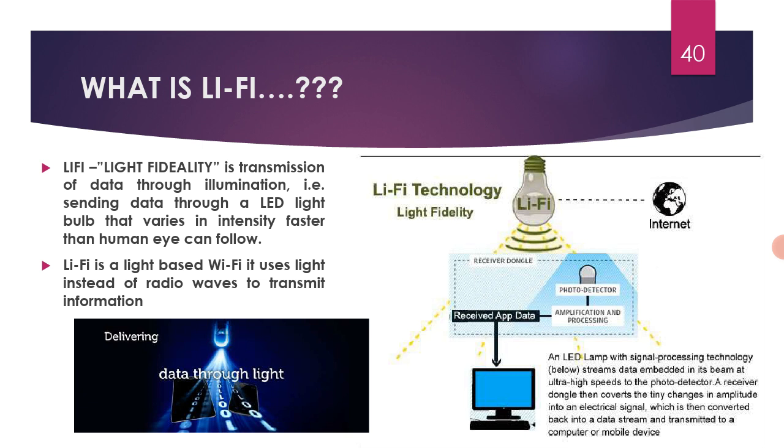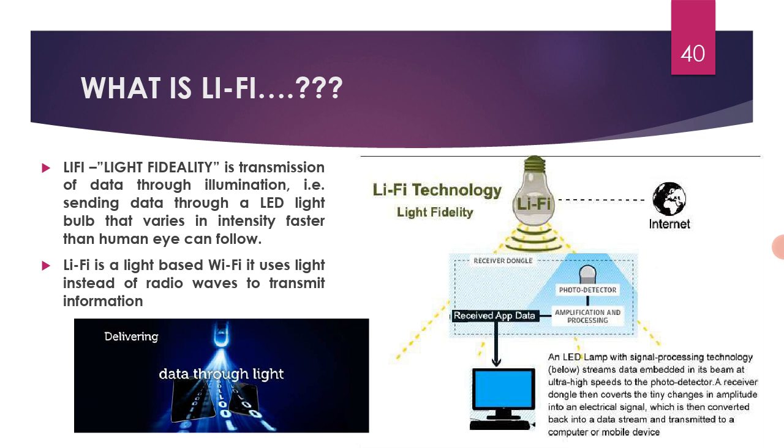The block diagram of Li-Fi consists, in the transmitter part, of the source, the driver element and the transmitter. The driver element is used to convert the signal from one form to another. In the receiver part there is a dongle which consists of the photo detectors. It will detect and convert the signal back, and the amplifier boosts the signal. After that the signal is received and displayed on the screen.